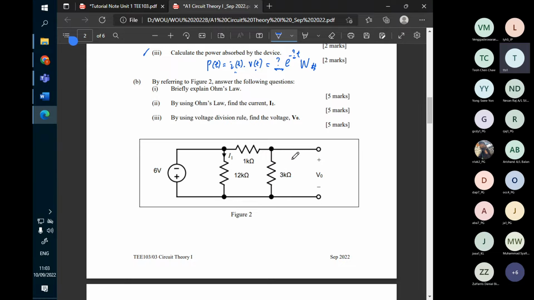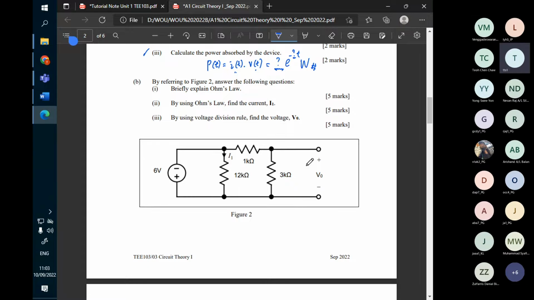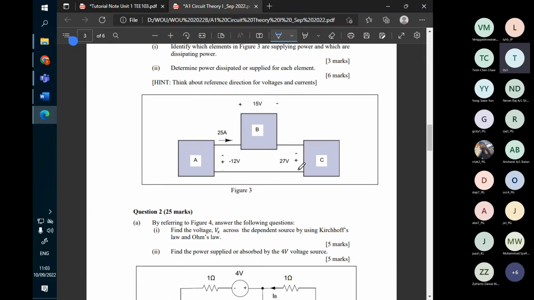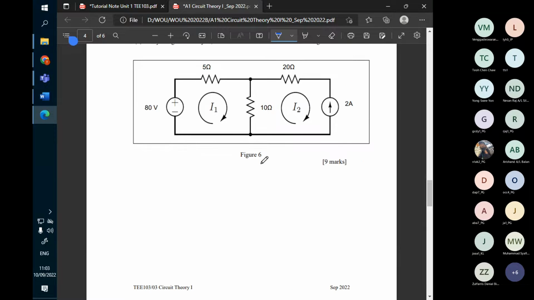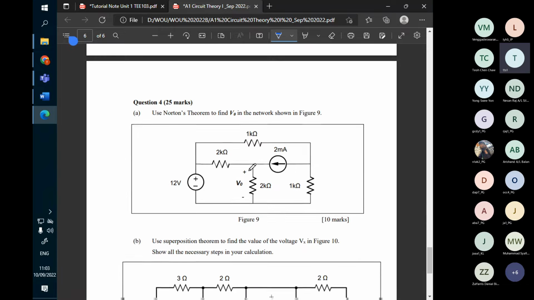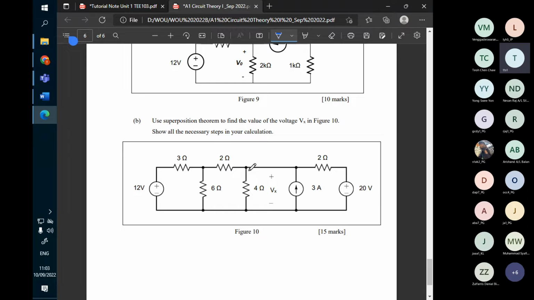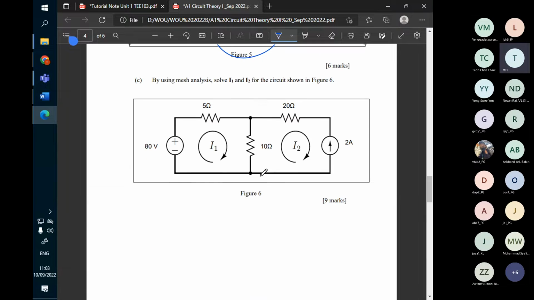After the lab, we'll learn the methods for how to analyze a circuit like this or a circuit like this. That is what you have to learn in this class, the techniques to analyze different types of circuits.